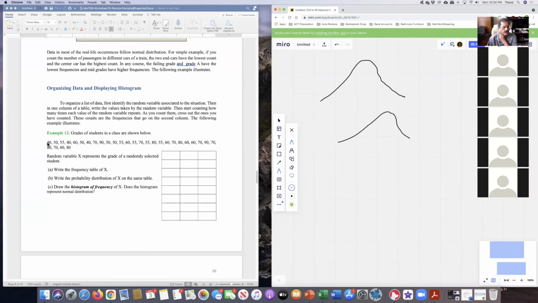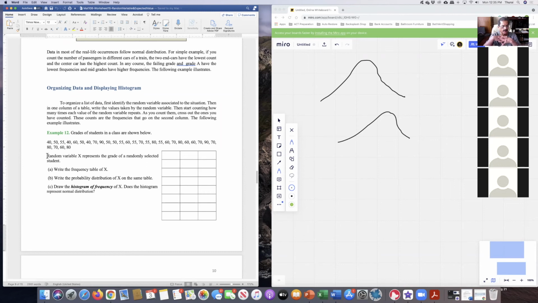These numbers are given to you as grades of students in a class. It's given in a random order, in the order that the instructor has. It's not in increasing order, decreasing order, none of that. So all you know is these are the grades. And the random variable X represents the grade of a randomly selected student.